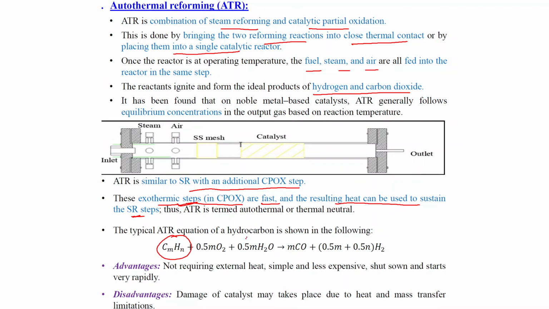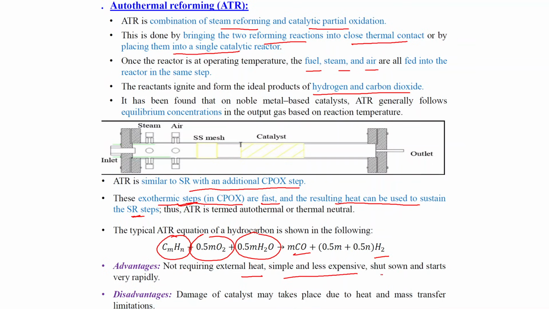Here, hydrocarbon, oxygen, and steam are fed together, and we get carbon monoxide and hydrogen. The advantage here is there is no requirement for external heat, since one reaction is exothermic and one is endothermic, so the exothermic reaction assists the endothermic reaction.